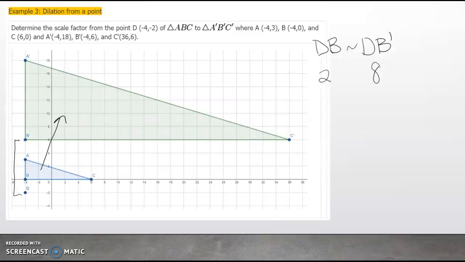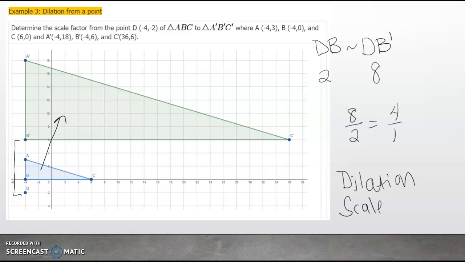So the relationship between DB and DB prime is 2 to 8. In order to find that scale factor, I am just going to take that 8 divided by 2 to get 4/1. Again, I put that larger number on top because I want my scale factor to be a whole number, not a fraction. When I do that, I see that my dilation factor or scale factor is 4.